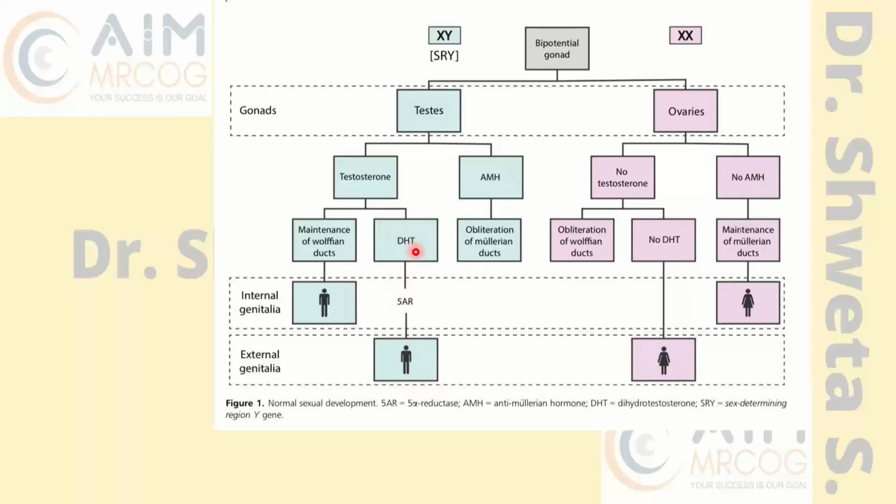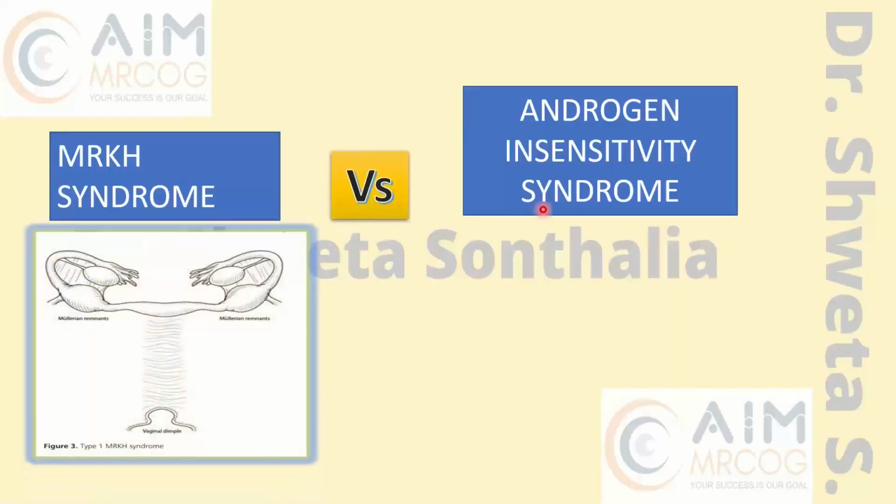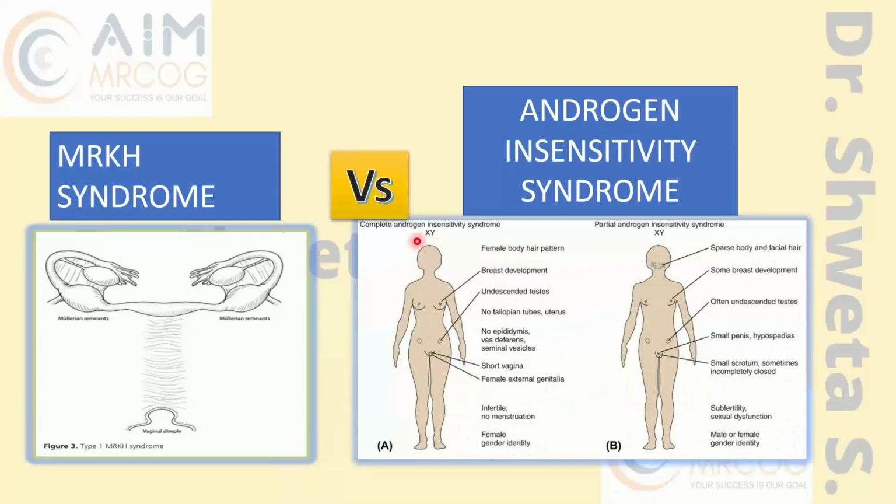Testosterone is there, internal genitalia is male, testes, but the external genitalia is female because it is insensitive to the androgen. That's why she will be a tall, beautiful female with a blind vagina and normally developed breasts. This is what they give you.